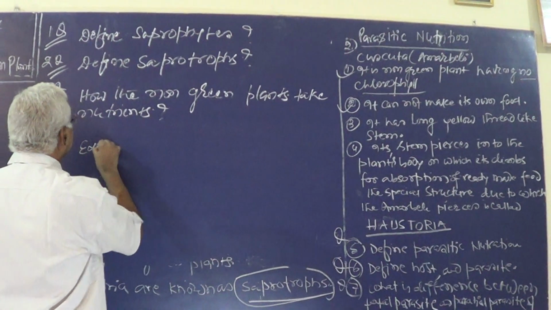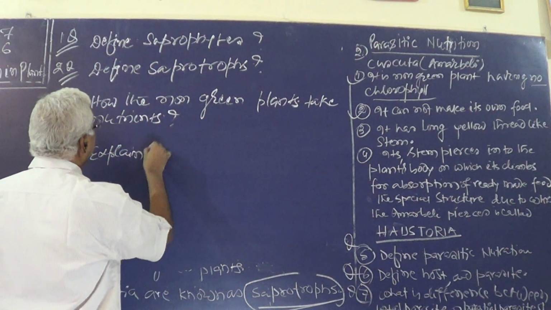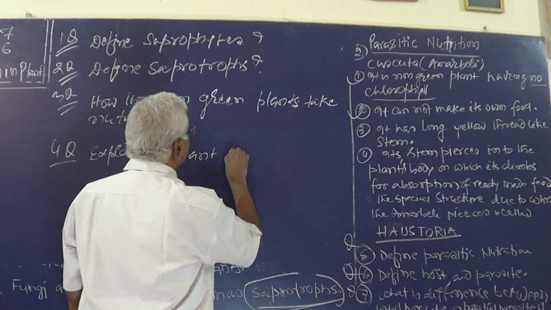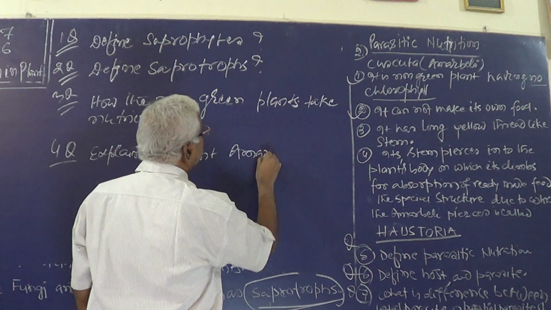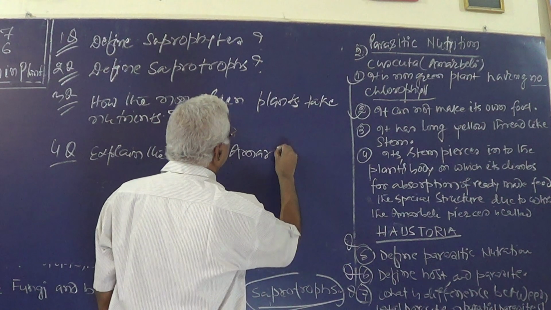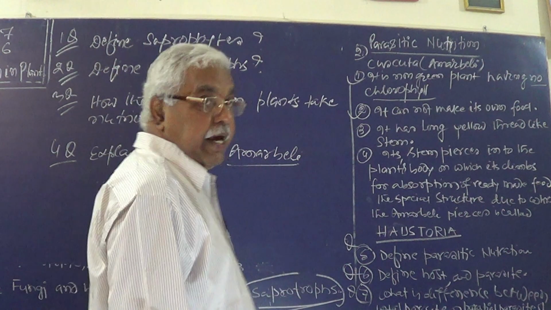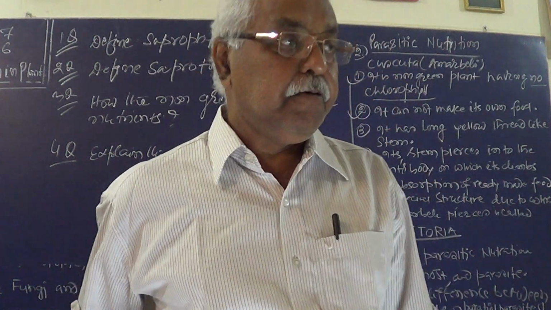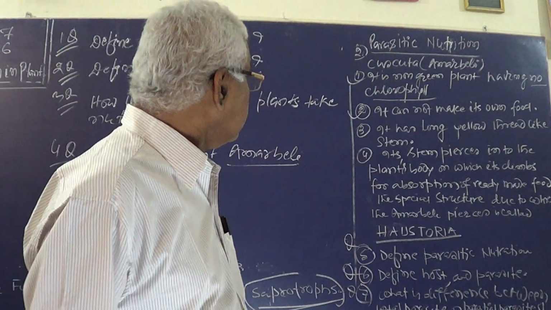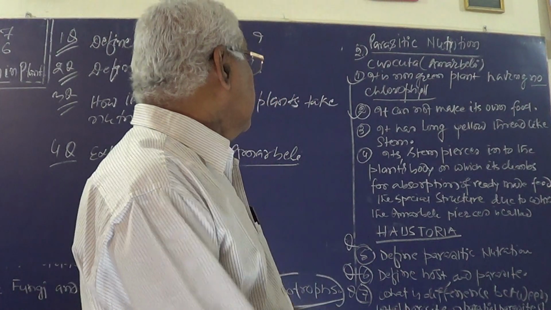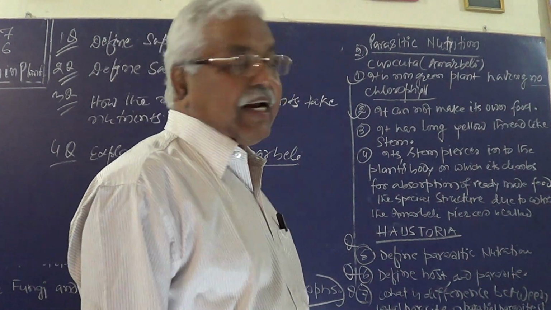Explain the plant Amar Bail. It cannot make its own food. It has a long yellow thread-like stem.